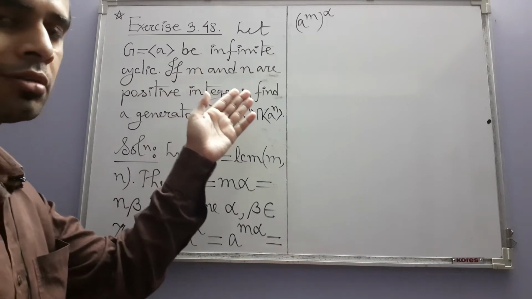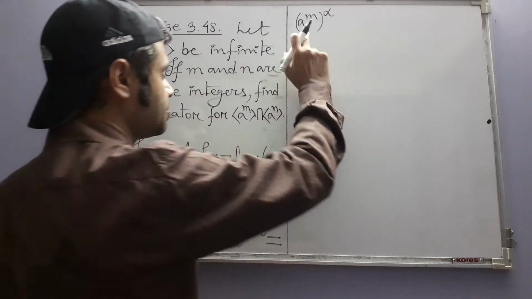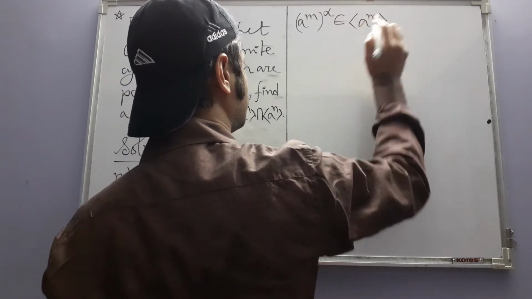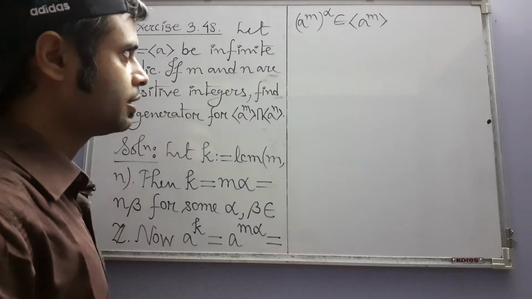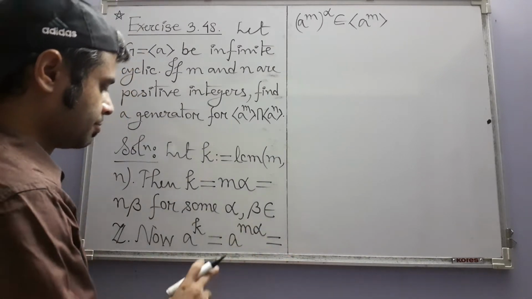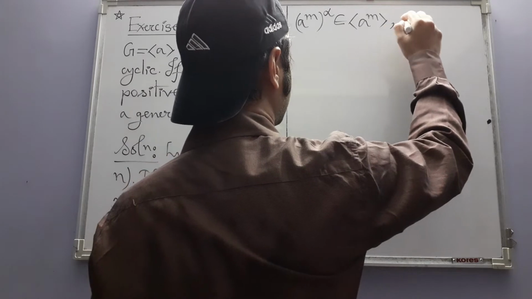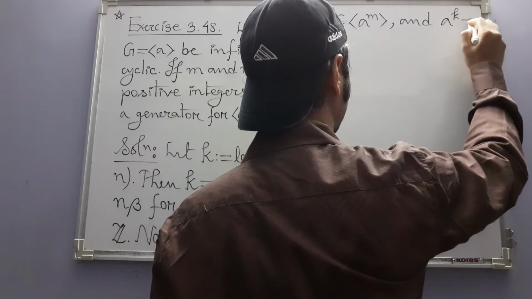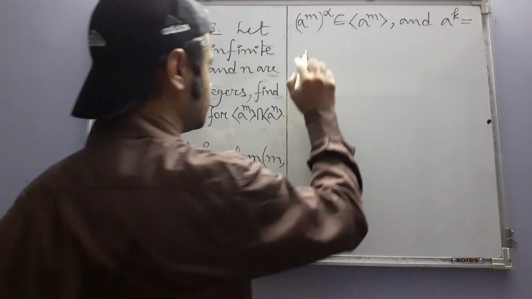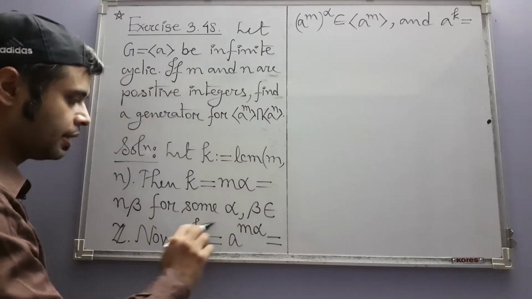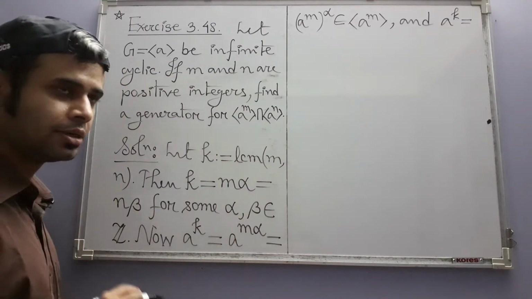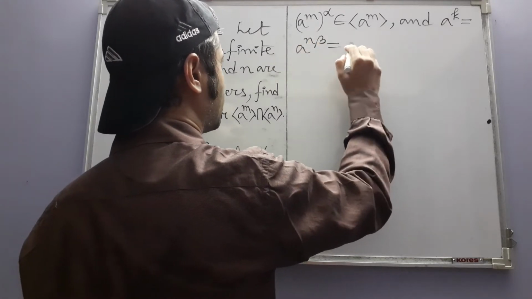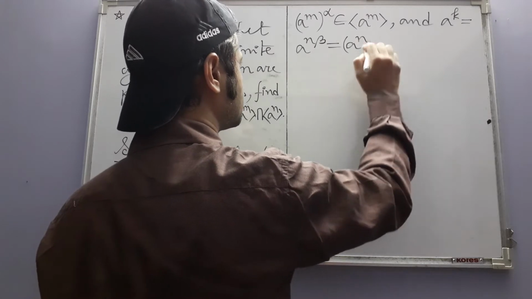And from the look of it, you can immediately say that this belongs to the cyclic group generated by A to the power M, simply because it's an integral power of that generator. At the same time, we can do the other calculation also. Instead of replacing K with M alpha, you can also write N beta, and similar arguments lead you to this.